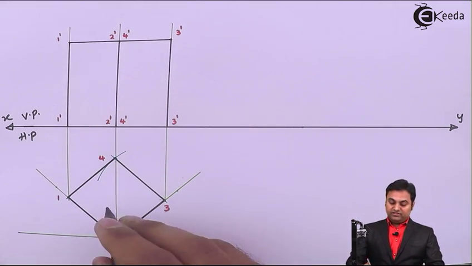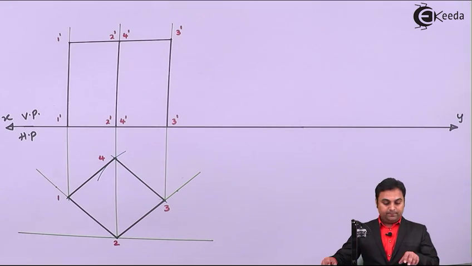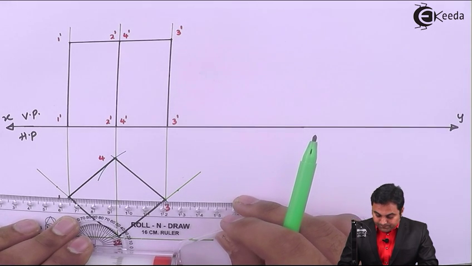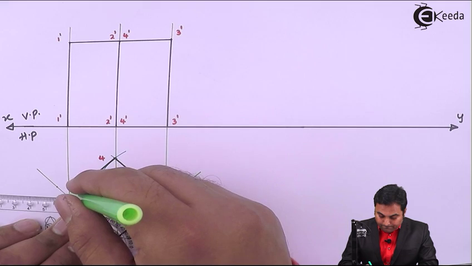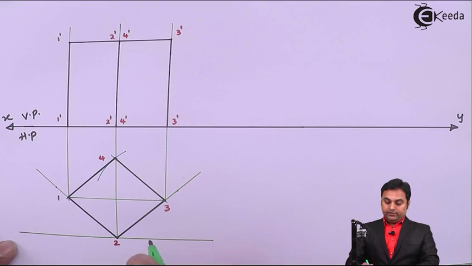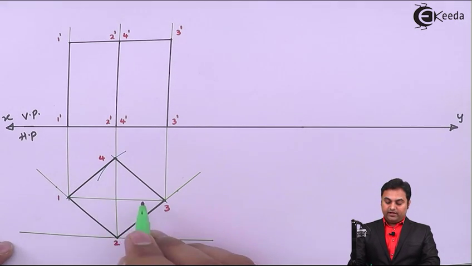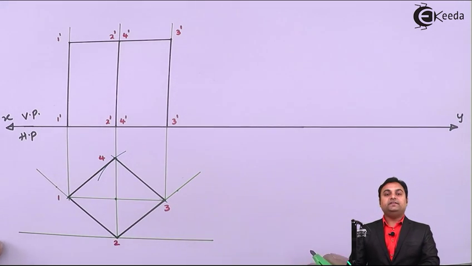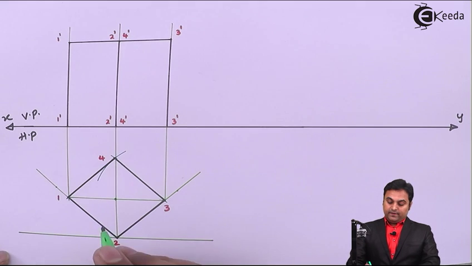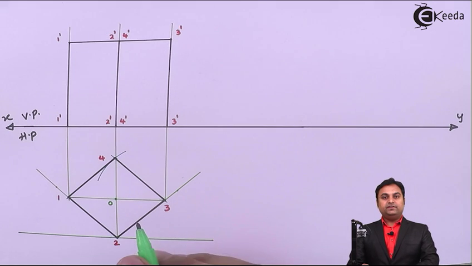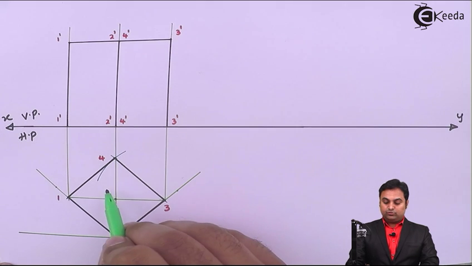Next, if we see the axis for this square prism in the top view, in the top view we cannot see height. So while connecting the corners and making the diagonals, joining the diagonals at the intersection, I would be getting the axis for this square prism, which I can give as point O. But if I see here, the axis and even corners 2 and 4, they are passing through the same line.